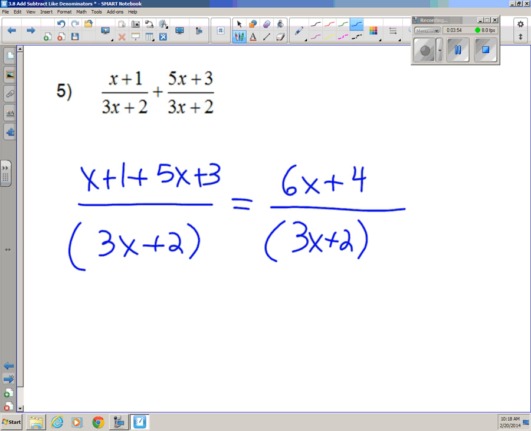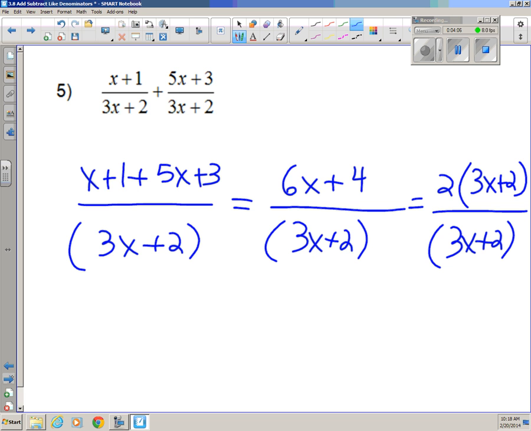Can you factor the top? You sure can. I can pull out a 2 with 3x plus 2 left over, over that other 3x plus 2, and guess what? These binomial pairs cancel each other out. This final answer is just 2.